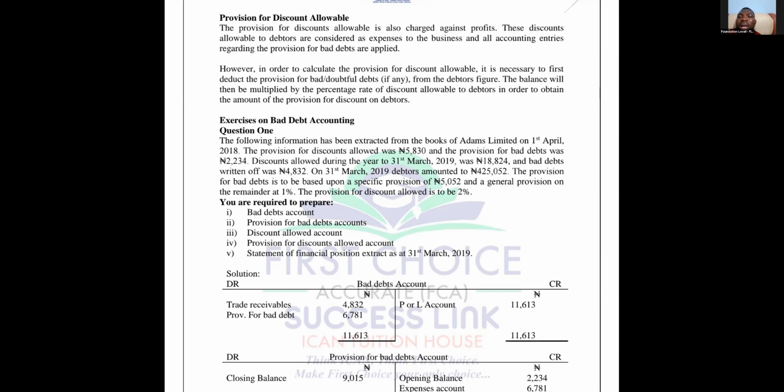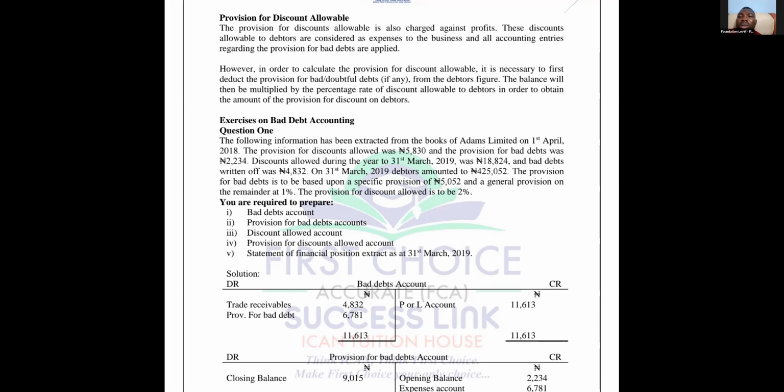18,824, and bad debts written off was 4,832. On 31st March 2019, debtors amounted to 425,052.